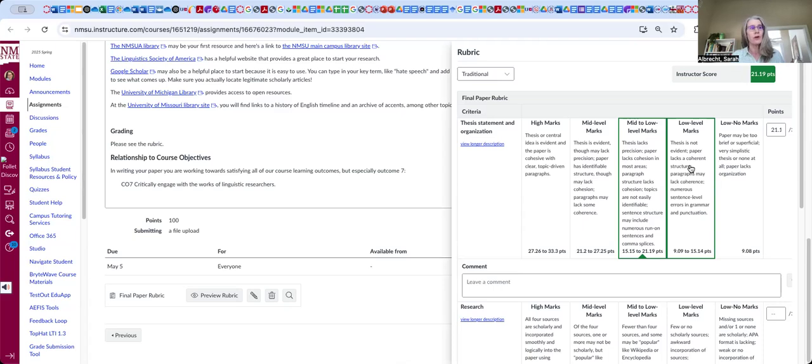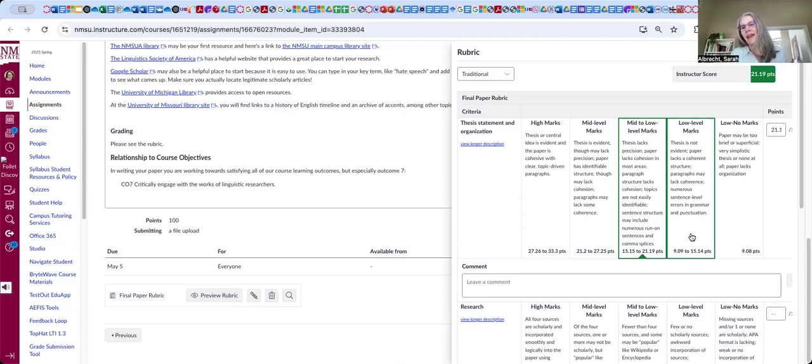Notice for low level marks, you don't have a thesis. And if that is the case, then again, by definition, your paper will lack cohesion. It will be hard to identify what the structure is and why things are put where they are, how they're related to each other, and that kind of thing. Notice that the highest points that you can get here is 15.